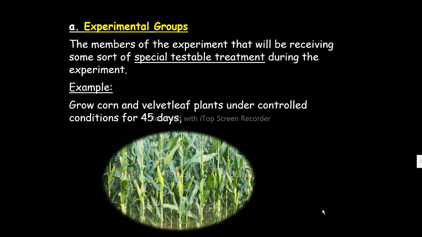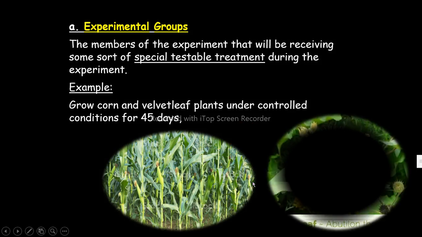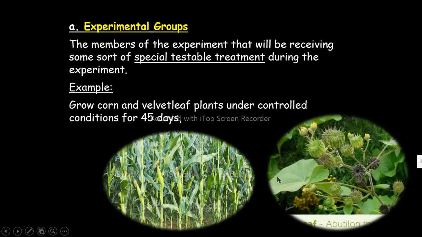Let me give you the theory, because when you carry out an experiment, you need to keep the theory within you. And then these are the velvet leaf plants. You can see how. So this is a C3 plant. And so these two plants will behave differently to carbon dioxide concentration.